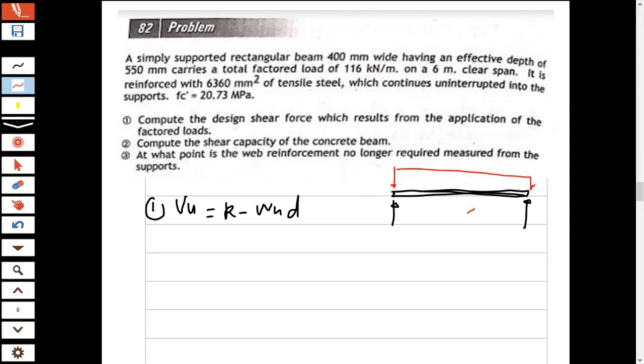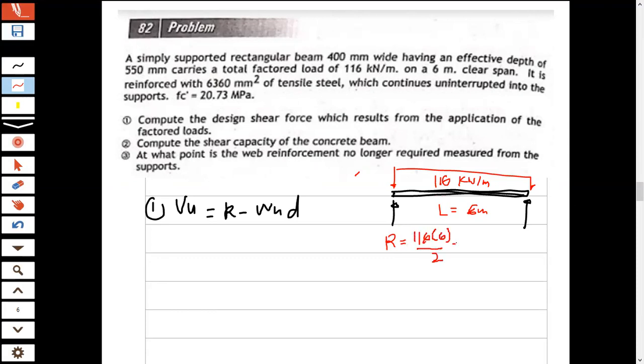The load is equal to 116 kilonewton per meter. Span is equal to 6 meter. So, ang reaction dito, madali lang.